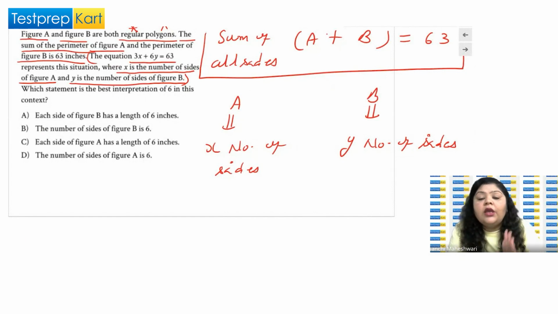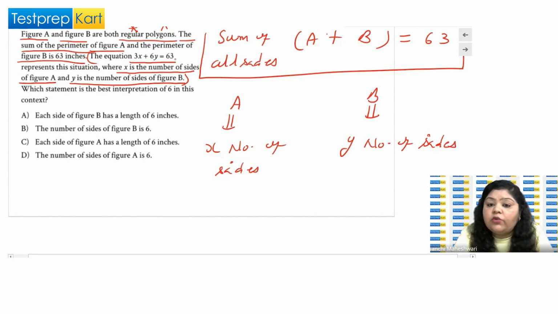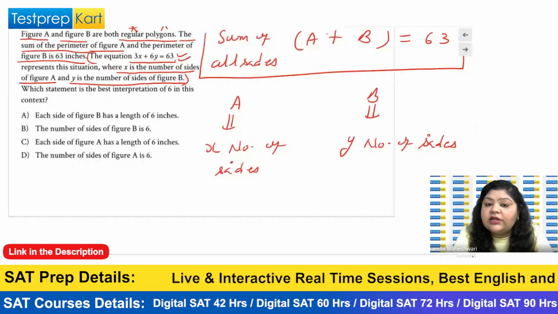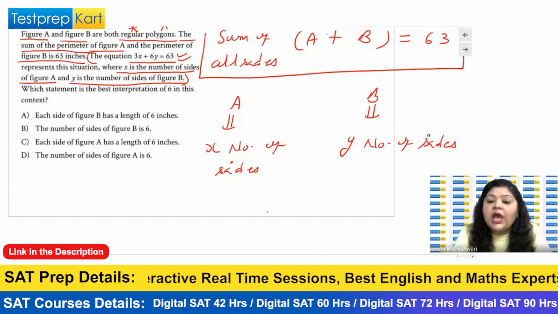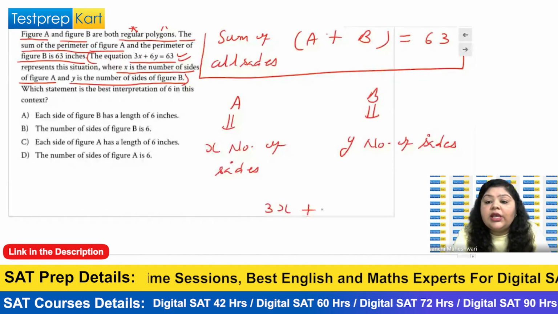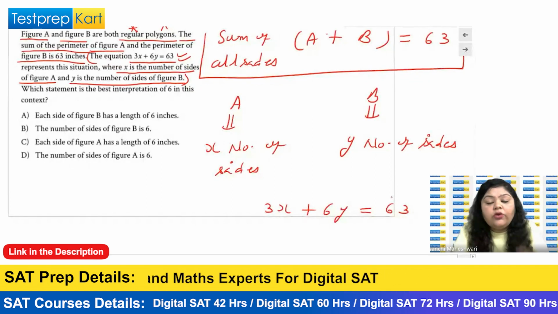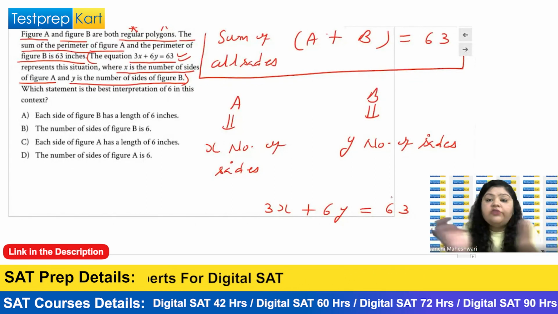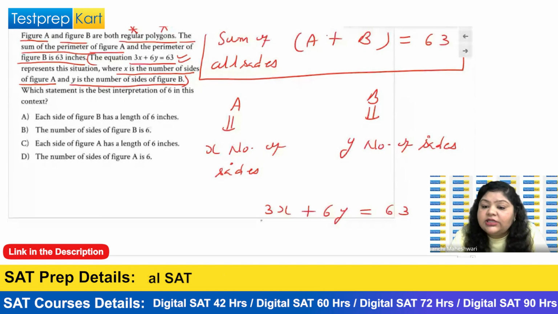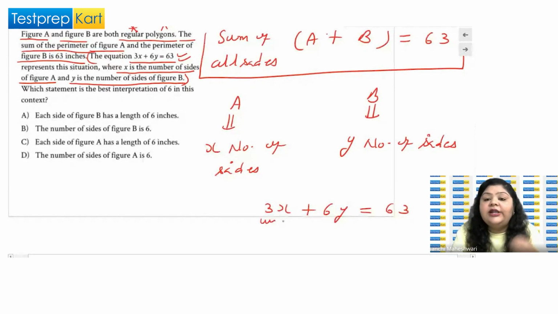Now their sum will be represented by this equation, isn't it? The perimeter sum is 63, and the equation says 3x plus 6y equals 63. Combining all this information, can't I say that 3 represents the side length of figure A and 6 represents the side length of figure B?